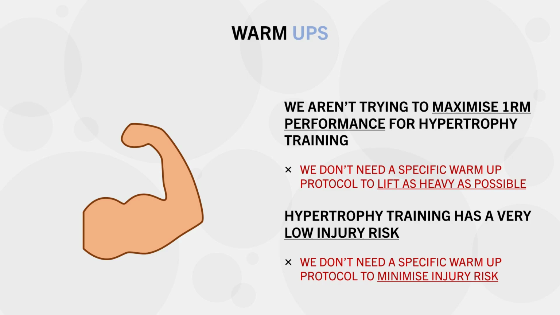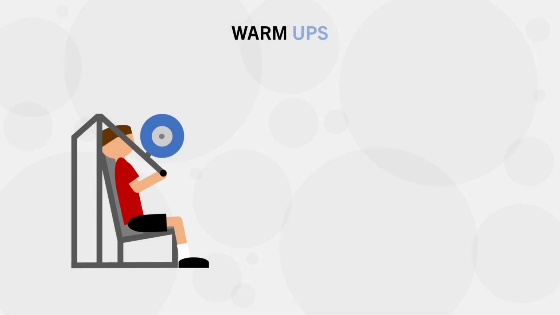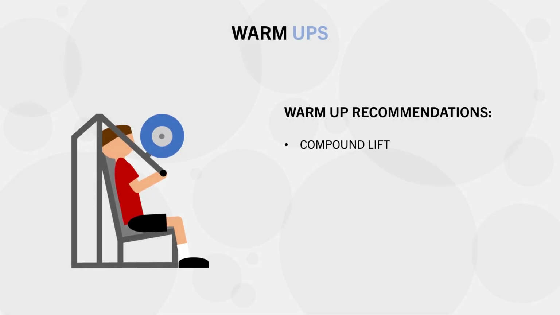So we don't really need to do any specific warm-up intervention to minimize injury risk like we may with other sports and activities. Instead, we probably just need to do 1 to 2 lighter sets of an exercise before beginning our first working set, at least for compound lifts. And then once we get to our isolation lifts towards the end of a workout, we probably don't even need to do any warm-up sets at all.